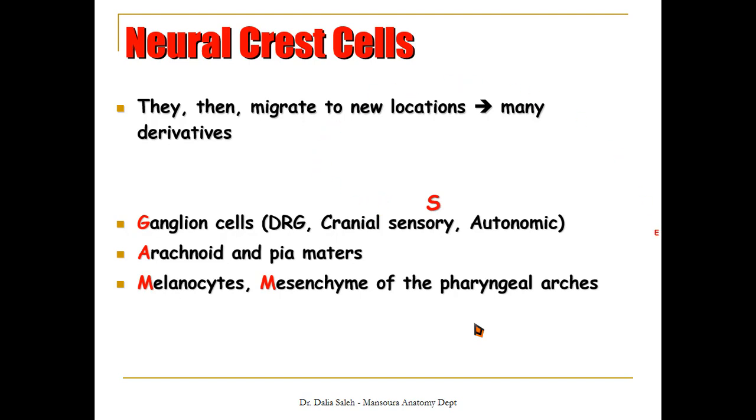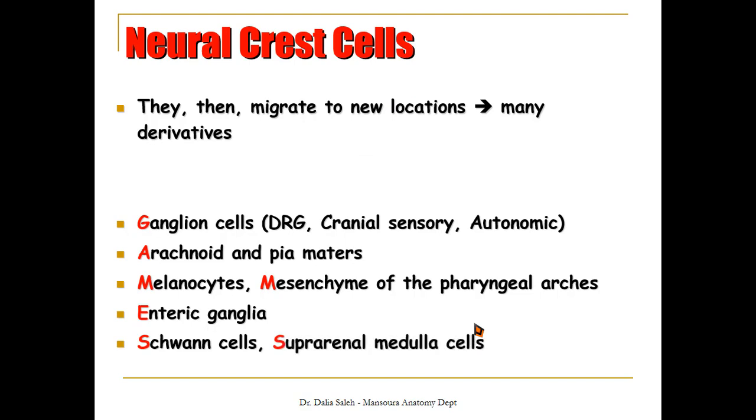The E reminds you of the enteric ganglia. This is a kind of autonomic ganglia that is present in the intestine or GIT. S reminds you of the Schwann cells and the suprarenal medulla cells. And of course, all of these are ectodermal in origin.